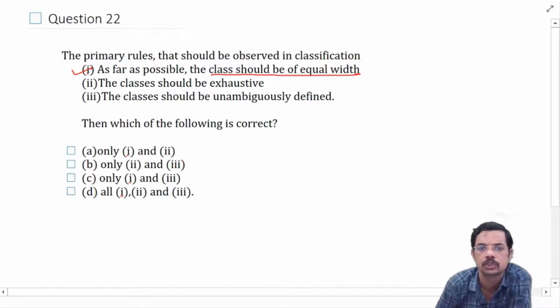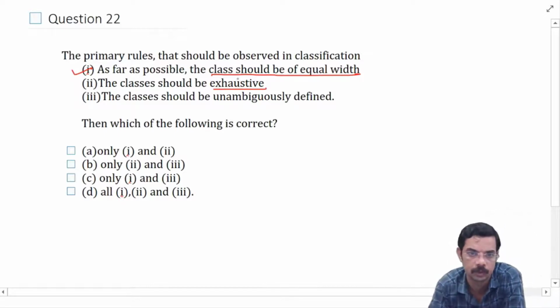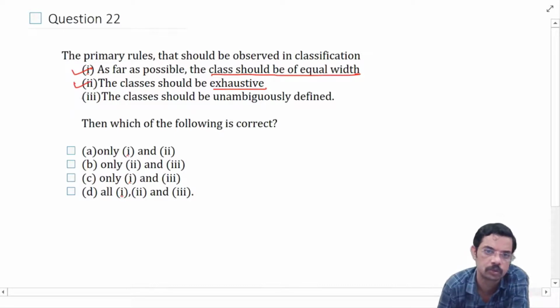Then the classes should be exhaustive. Exhaustive means it should cover all values, all the data. So this also appears to be true. Now the classes should be unambiguously defined. Yes, they should be clearly defined, because if there is any kind of ambiguity, then the values cannot be adjusted. So all three of them are okay. So the option would be option D, all three of them.